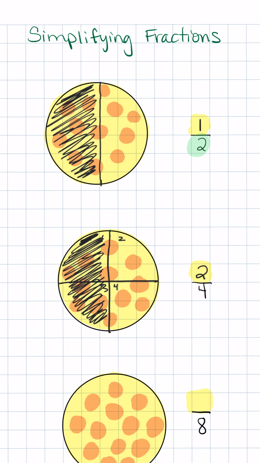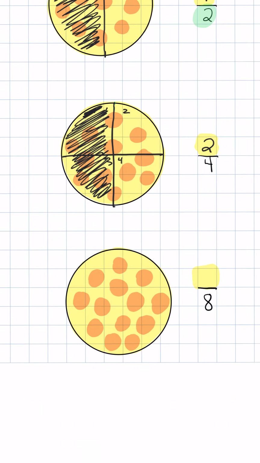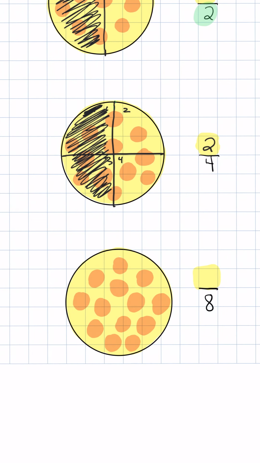So we can take this one step further. And so this one is going to be cut in half again, and then it's also going to be cut in half again. So now we have 1, 2, 3, 4, 5, 6, 7, 8 pieces. And I'm going to still eat the same amount.